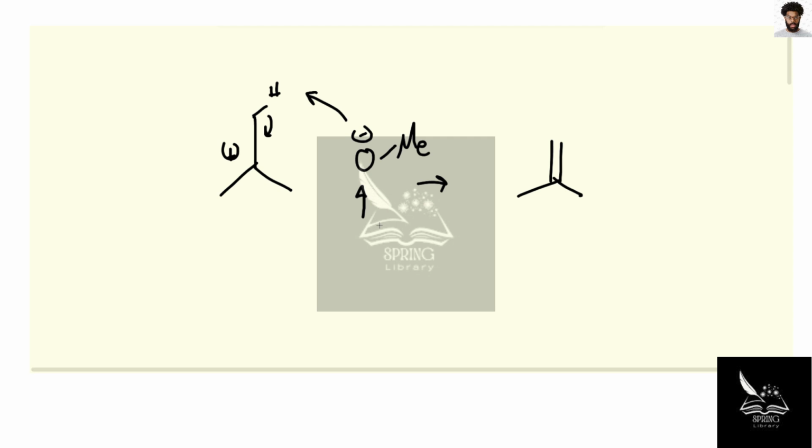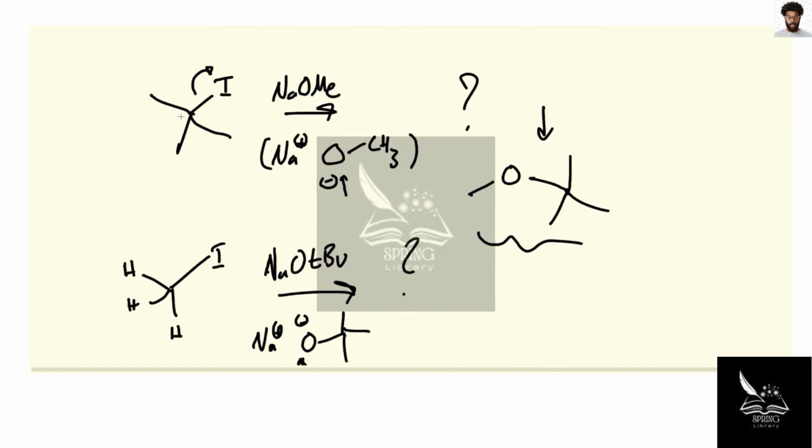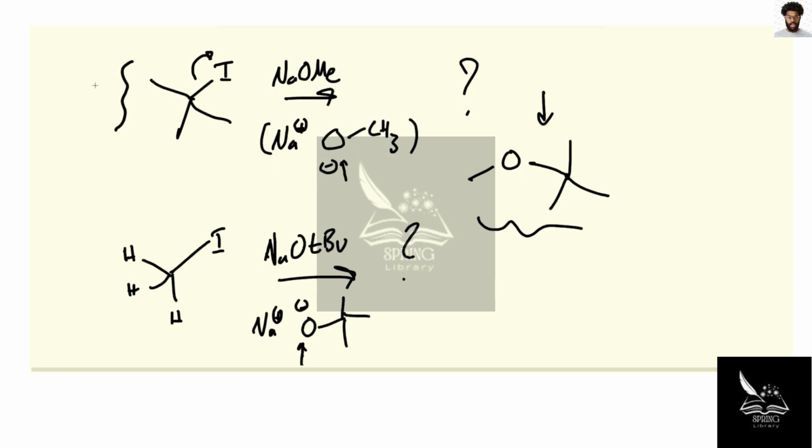For SN1, we perhaps don't want to have such a strong base because we want to avoid side products, the elimination side product. So it's maybe possible to get the product we're interested in from the top option, but consider that elimination is going to be a huge issue.